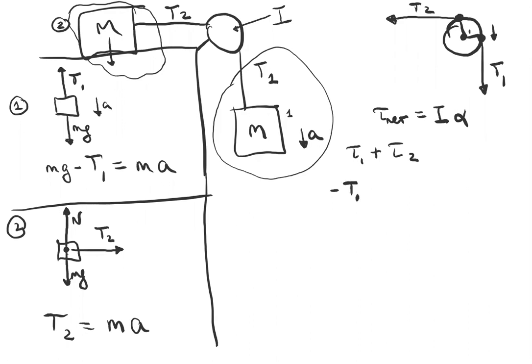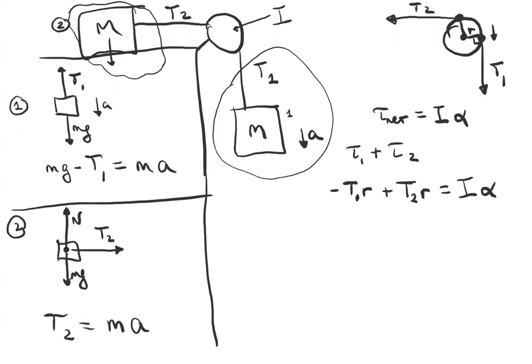It's some distance r from the axis of rotation, and it makes a 90-degree angle. For force 2, I have exactly the same thing except a change in sign. And so T2 times r, this is my net torque, and my net torque is equal to my moment of inertia times my angular acceleration.